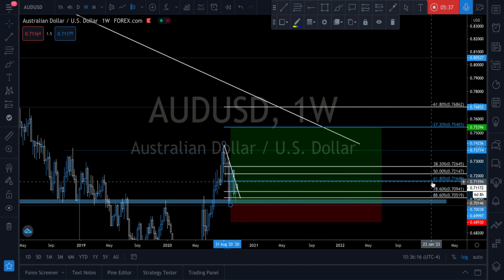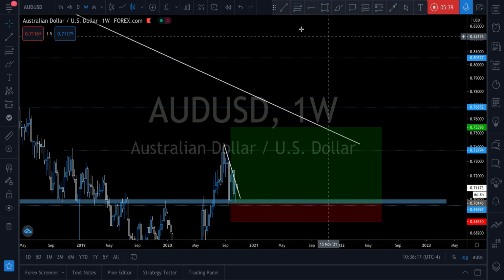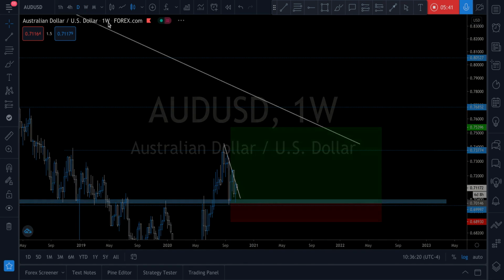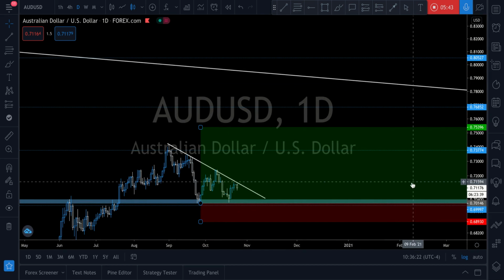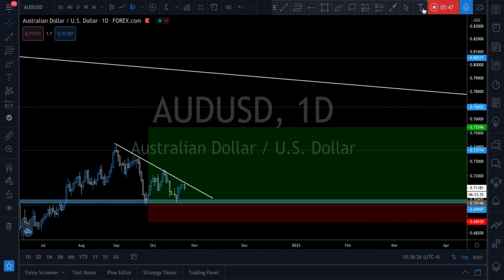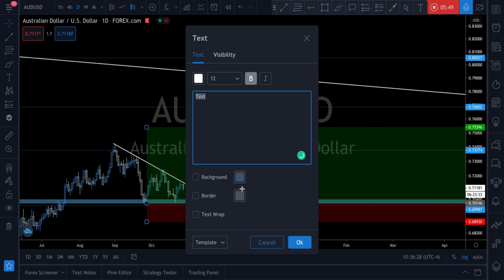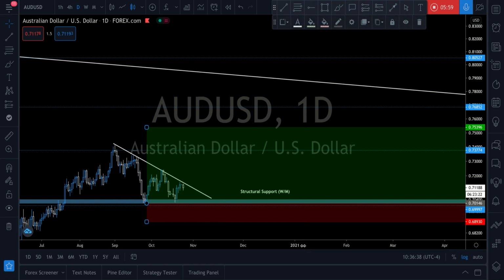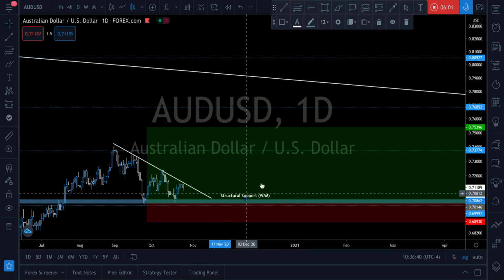So this is for our short-term traders, our scalpers. And yeah, so it's a really, really simple setup for us. We're basically going to be treating this area of structure as support, structural support. This is going to be weekly and monthly. And then, so that's that right here.